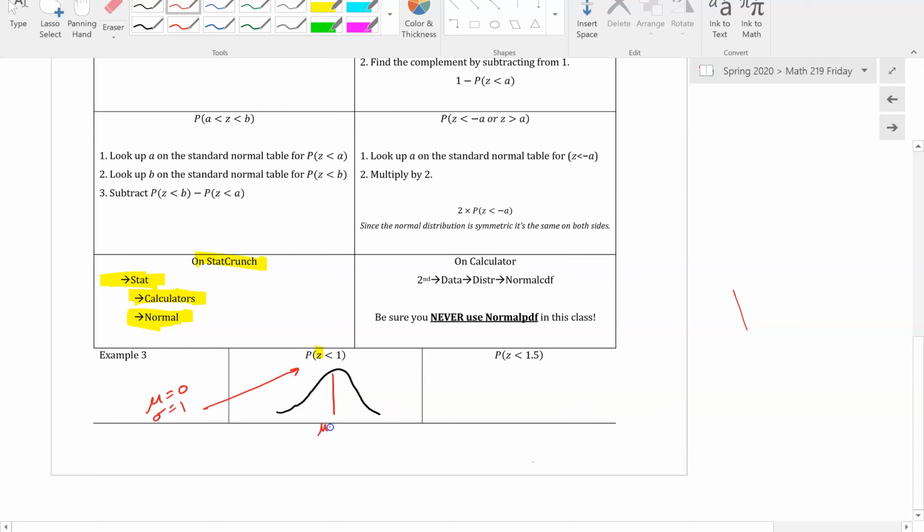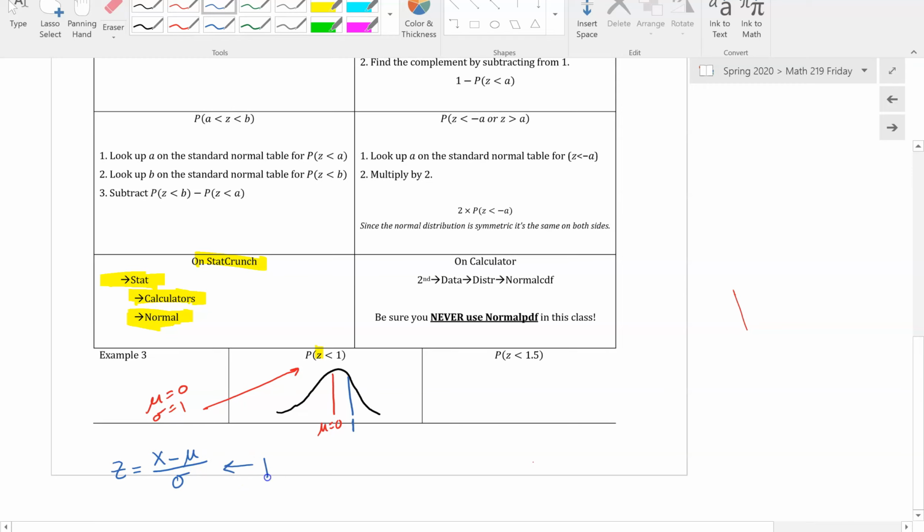So I've got a mean right here of 0, and they said I want to find all the z-scores less than 1. So there would be a z-score of 1, right? Because if you remember, the way we actually find a z-score is it's a data value minus the mean over the standard deviation.